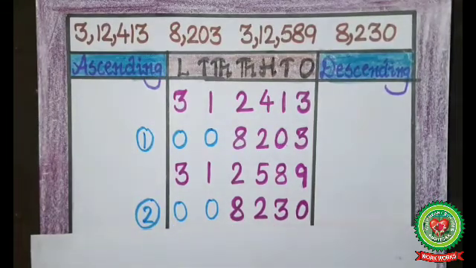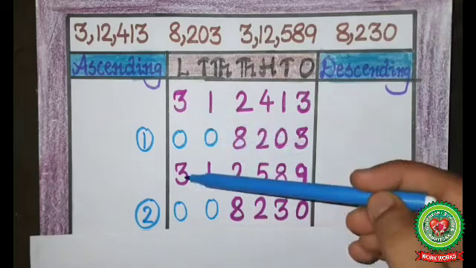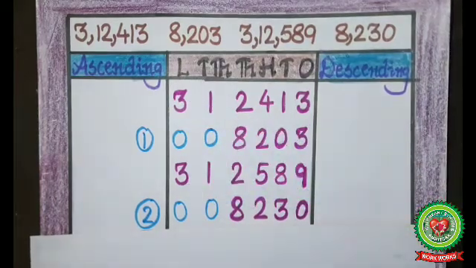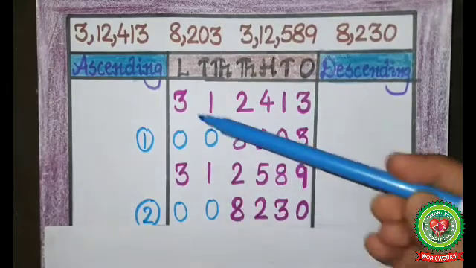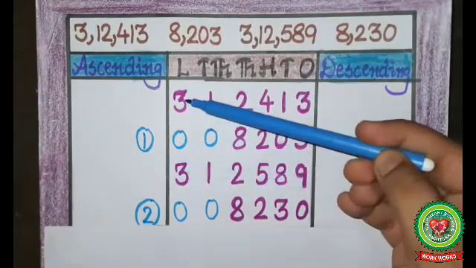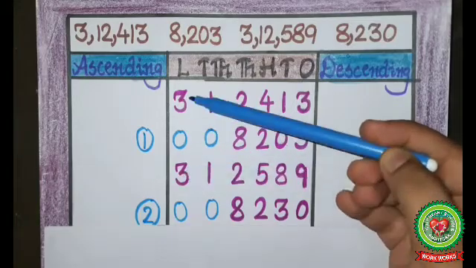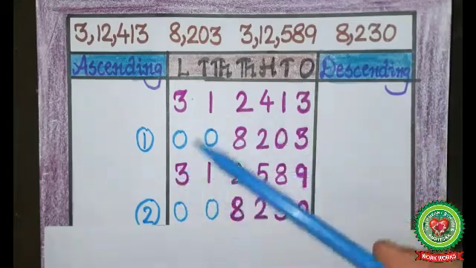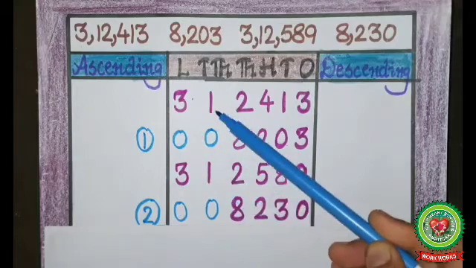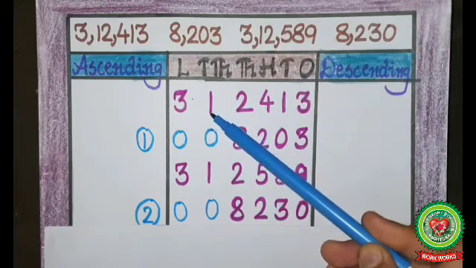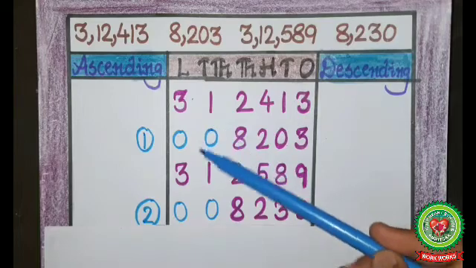Now let's compare these two numbers. 3. In this number also 3 and in this number also 3. That means we can't compare. Now we will move to the next place. Next place, 10,000 place. Again at 10,000 place 1 and 1.